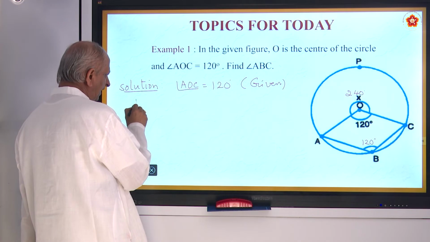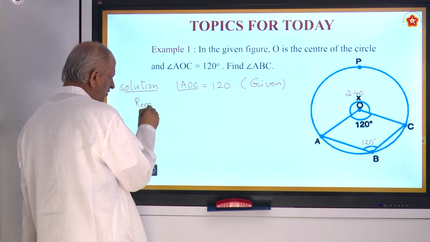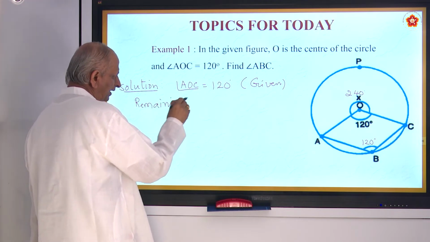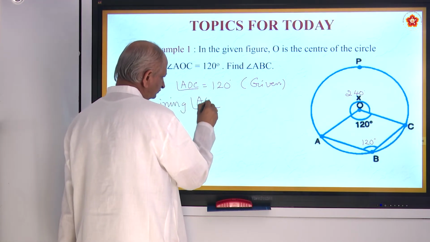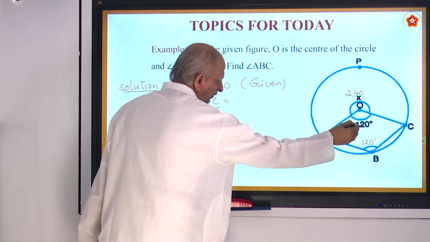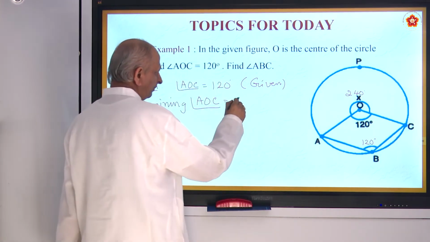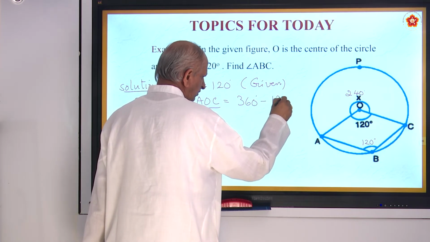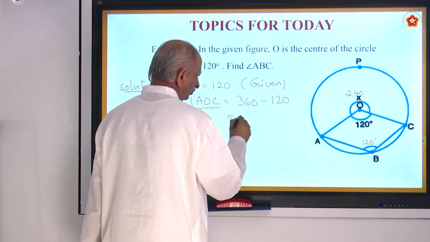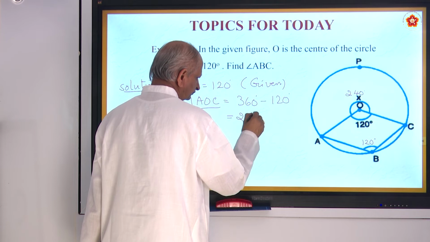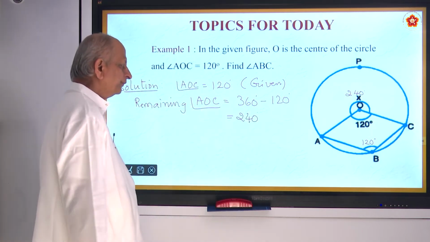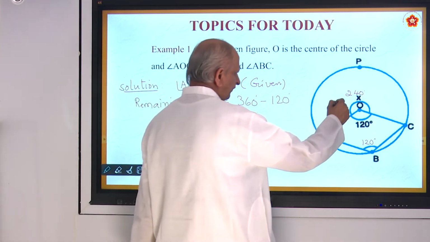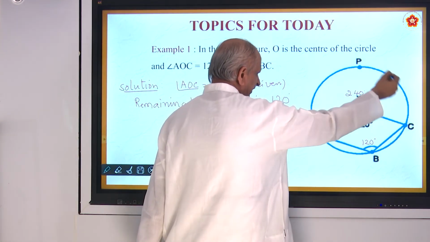Therefore, the remaining angle AOC, if this is 120, will be equal to 360 minus 120. That is equal to 240. Is it not? So, this angle 240 is formed by this arc APC.